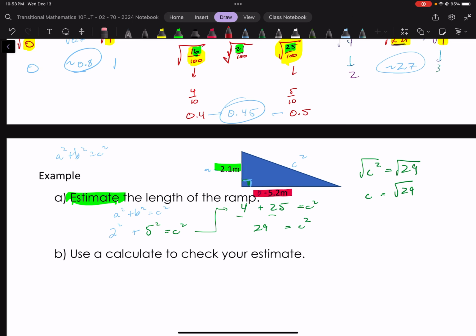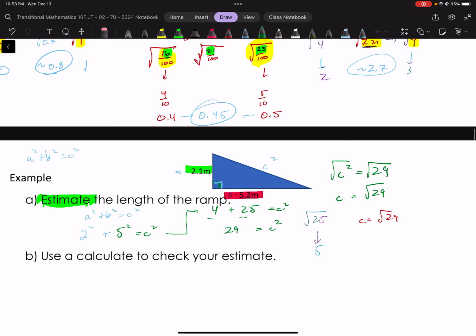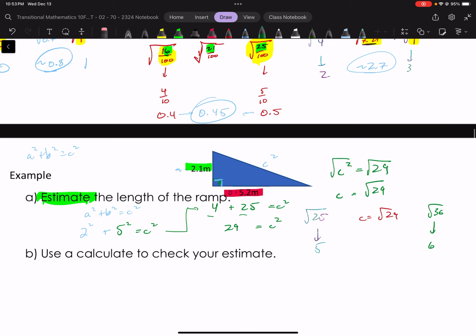So I know that c is equal to the square root of 29, which has to be between the square root of 25, which is 5, and the square root of 36, which is 6. So I'm going to estimate that c is approximately 5.5, right exactly in the middle.